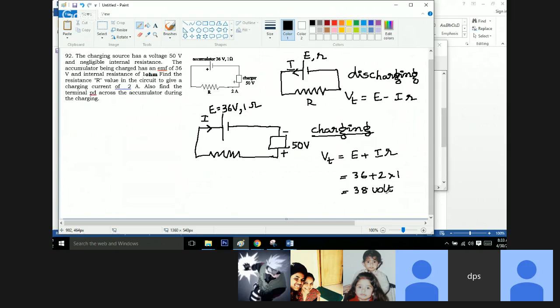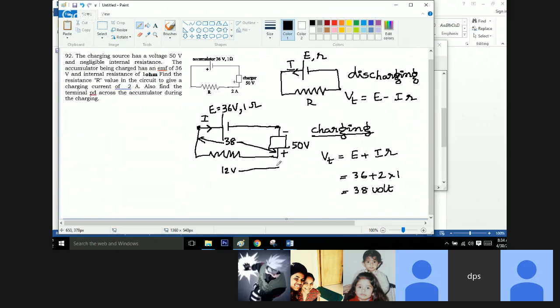Something else they also ask: find the resistance R value in the circuit to give the charging current. They are asking the value of R which will produce 38. When the terminal voltage is 38 volt, I am putting here, starting from here to here, 38 volt. Then you have used 50 volt. When this is 38 volt, out of total 50, this remaining should be how much? 12 volt.